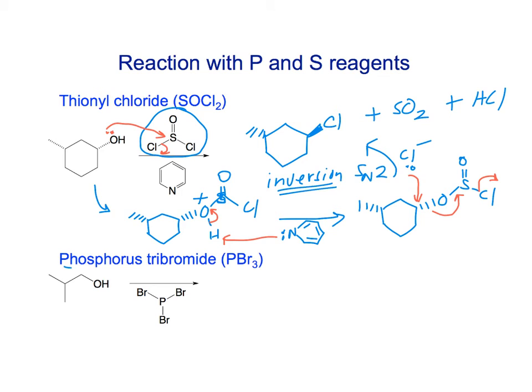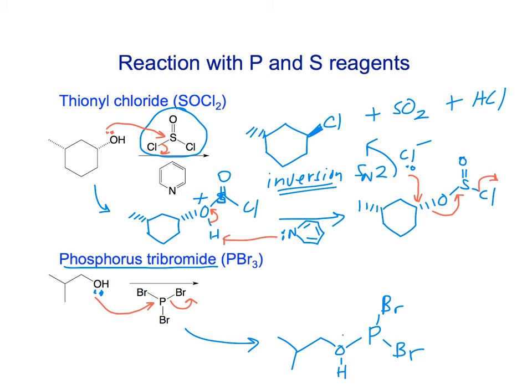This uses phosphorus tribromide. Oxygen reacts with the phosphorus, displacing one of the bromides. Like this, and a plus.